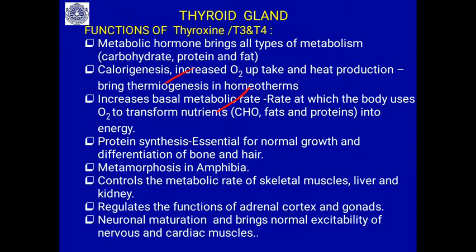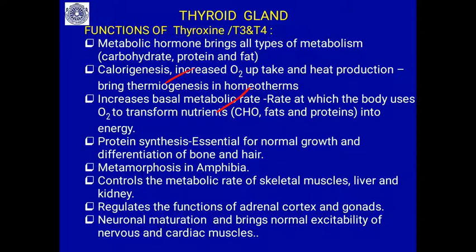The basal metabolic rate is the rate at which the body uses oxygen to transform nutrients, through oxidation of glucose, fat metabolism and protein metabolism, to release energy, which we use and also for heat generation.